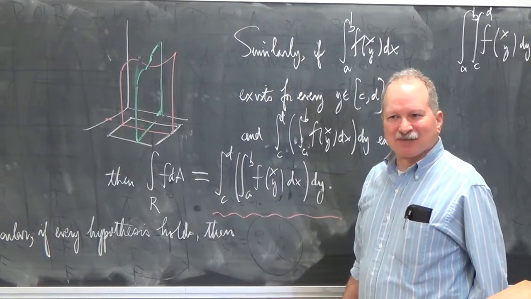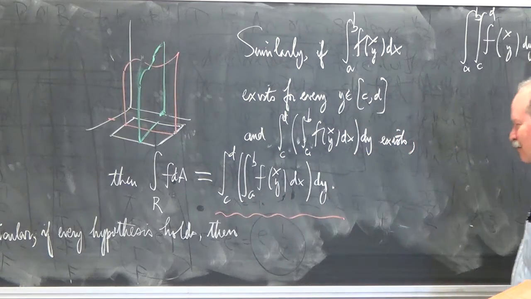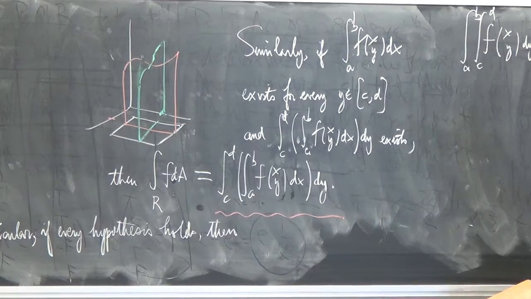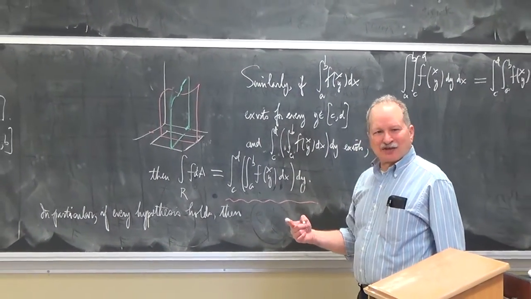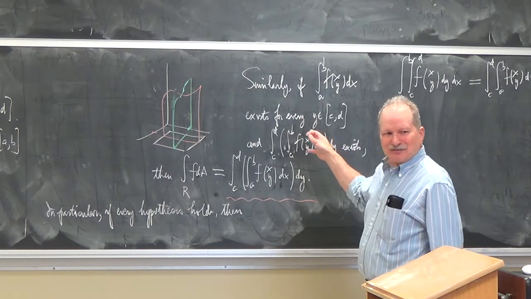So how many possible? 8. Both of those exist? Do we know the double integral exists? No. If they're equal, do we know the integral? No. So you have 8 possible scenarios, and we will actually make a table of them probably tomorrow.